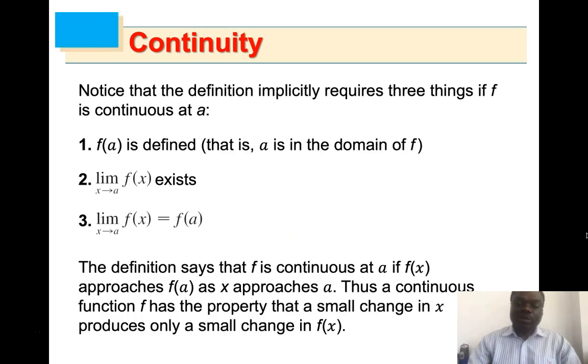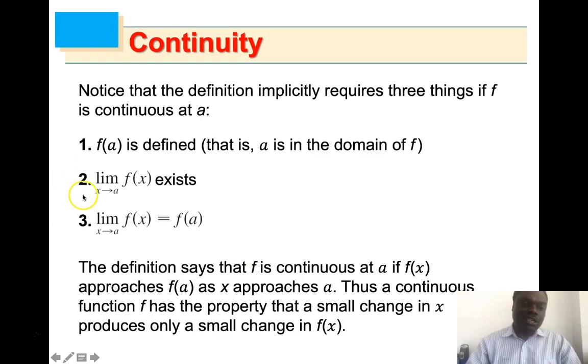When you solve problems on continuity, you will see that there will be three conditions you always have to test for to show that a function is continuous or not continuous at some point. The first condition is that the value of the function at a exists, f of a exists and is defined. Or in other words, a is in the domain of f.